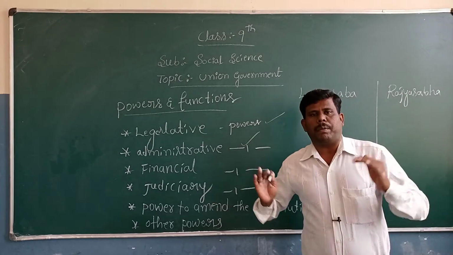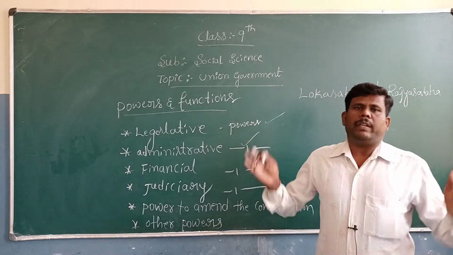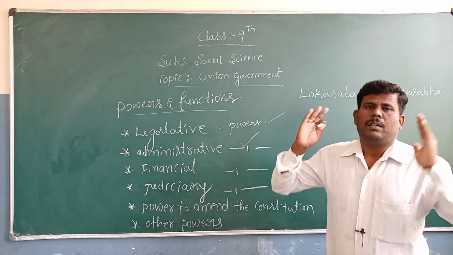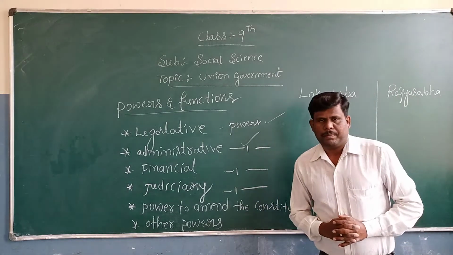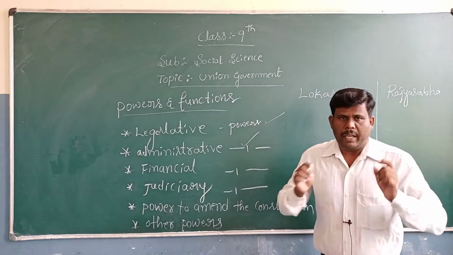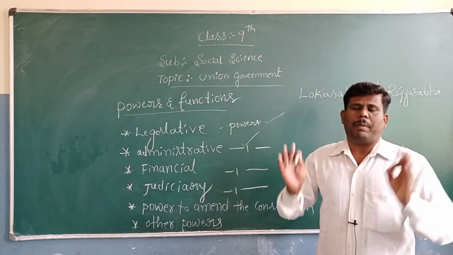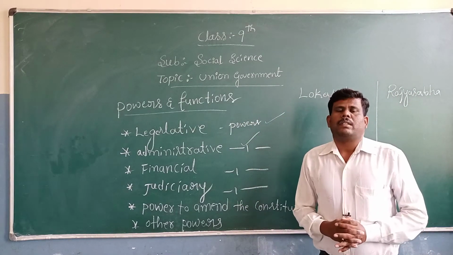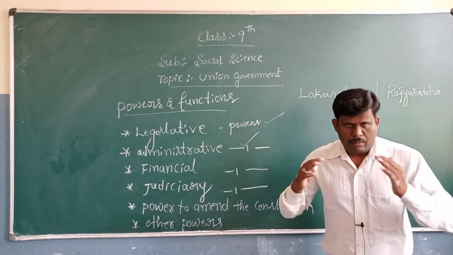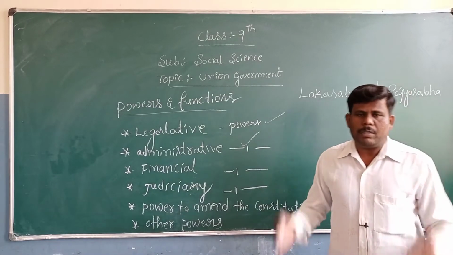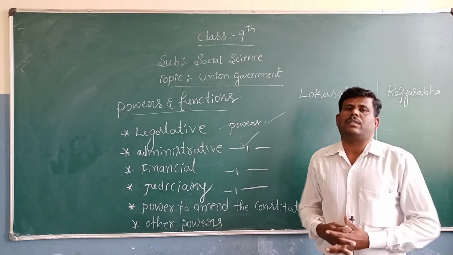The ministers and Prime Minister are responsible to the Parliament. If any question is asked by the members of the Parliament, the ministers and Prime Minister must answer the question.